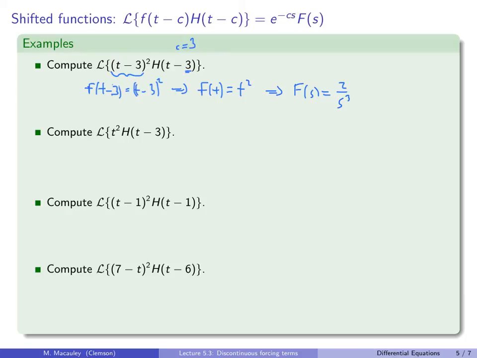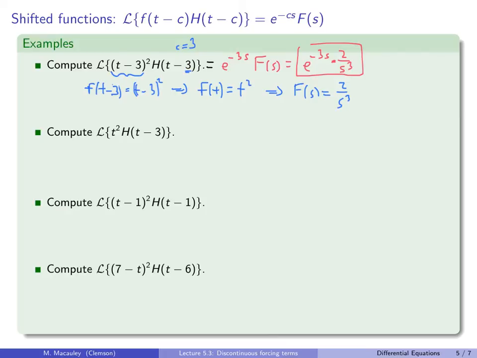Okay, so our final answer is e to the minus 3s, sorry, not 3c, times F of s, which is e to the minus 3s times 2 over s cubed. So there is our final answer. Let's make sure that's a dot and not a subtraction sign. Okay, so let's do our next example.